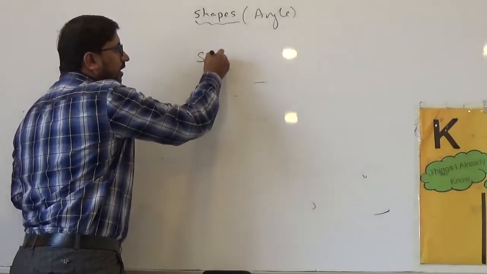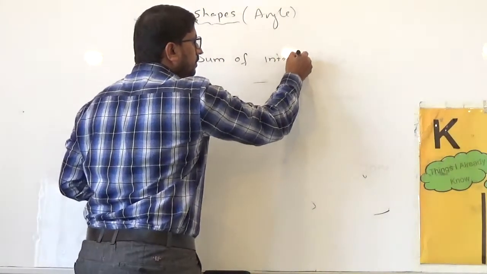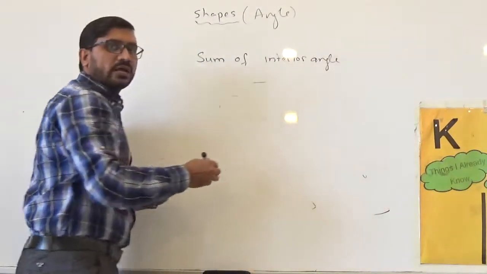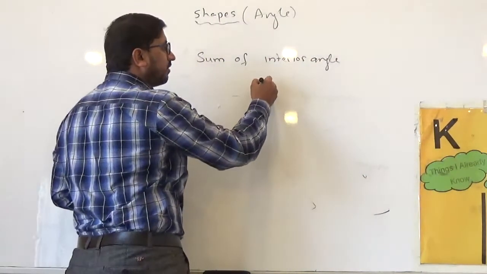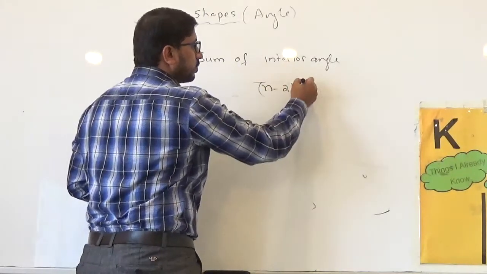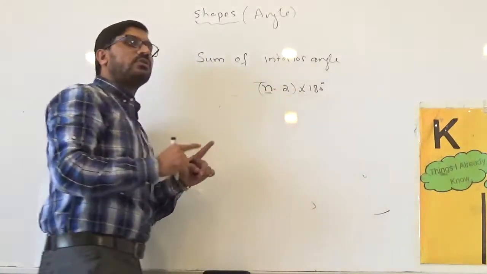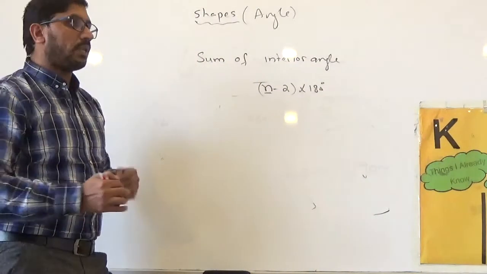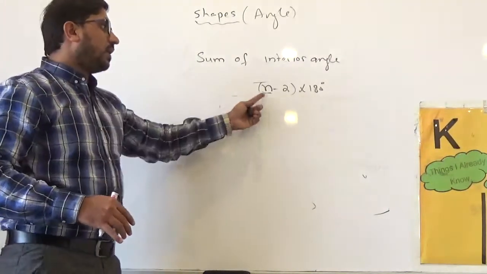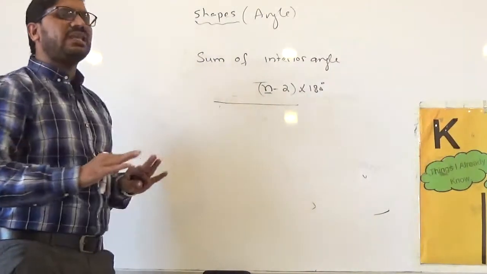For any polygon, if we want to calculate the sum of interior angles through a mathematical formula, the formula is (n minus 2) times 180. Over here, n is the number of sides that polygon has. So this formula will be utilized if you want to find the sum of interior angles of any polygon.